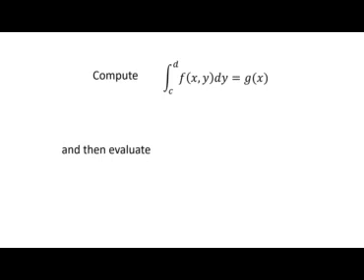Then this function g of x is integrated between a and b with respect to x, which results in the required volume V under the surface f of x, y over the rectangular region R.